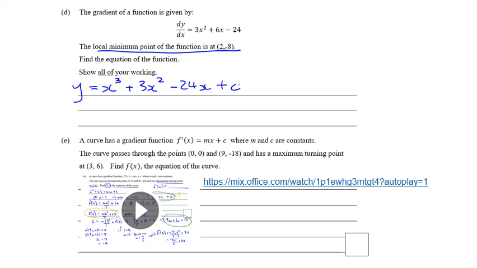So how do I find that C here? Well, it goes through 2, negative 8, doesn't it? So I just write negative 8 equals 2 cubed, which is 8, plus 3 times 2 squared, 4 times 3 is 12, minus 24 times 2 is 48, plus C. I'm trying to solve for C there.